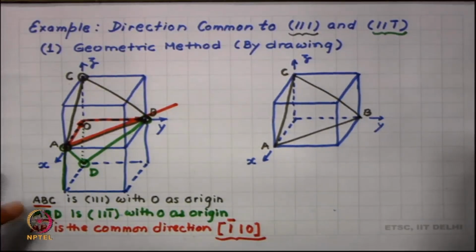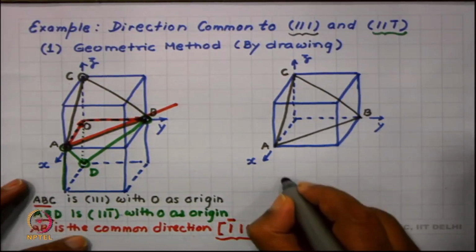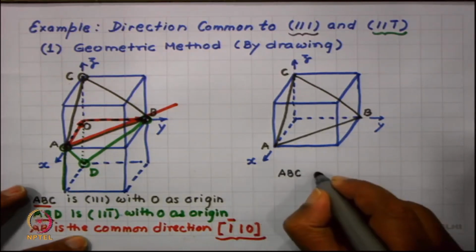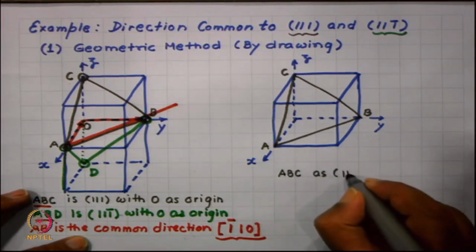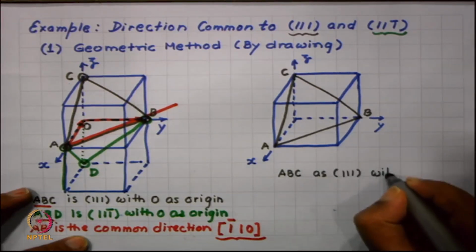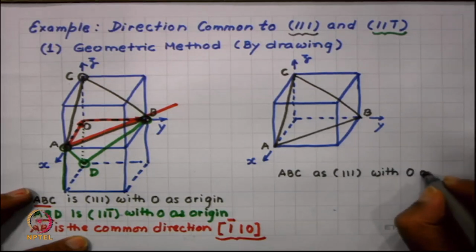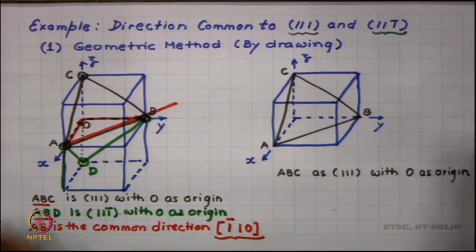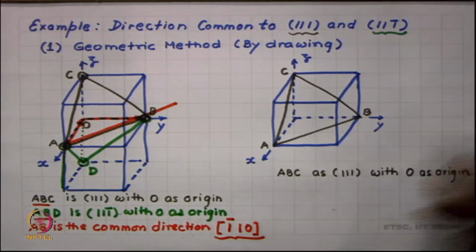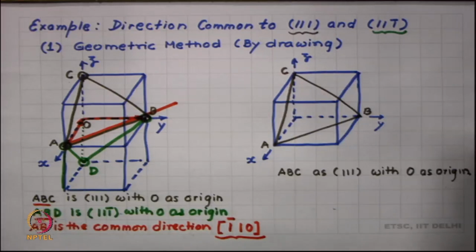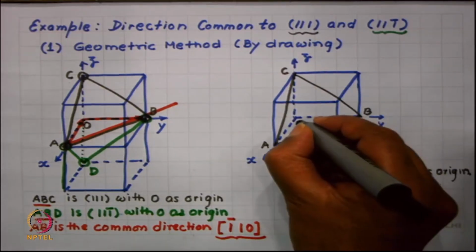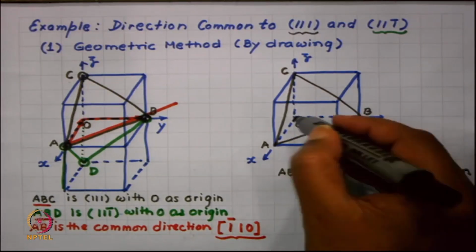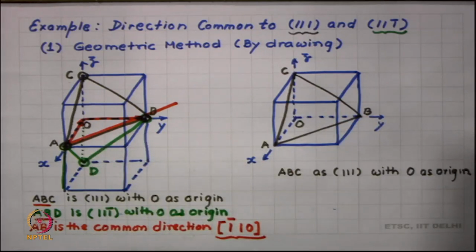And I get again A, B, C as 1 1 1 with O as origin. But now, if I want to draw 1 1 bar 1 in the same unit cell, I will have to shift my origin. This was the O origin, because if I keep the origin fixed, then the bar 1 will take me outside the unit cell.